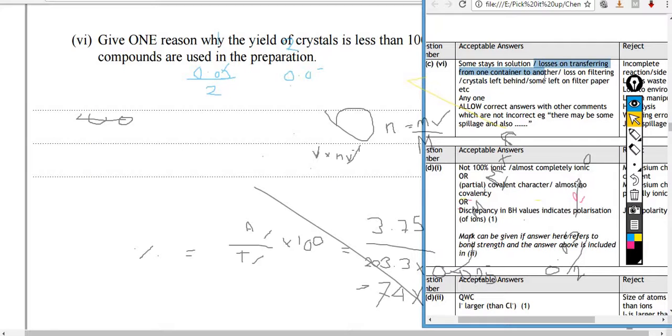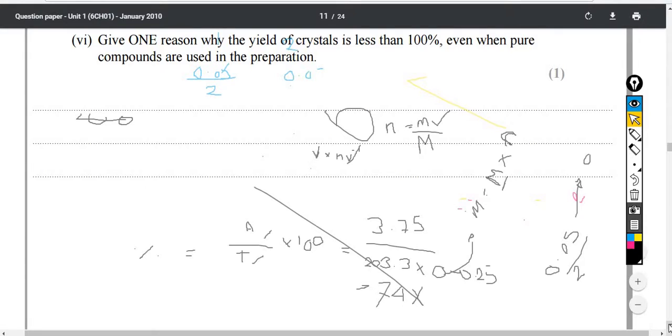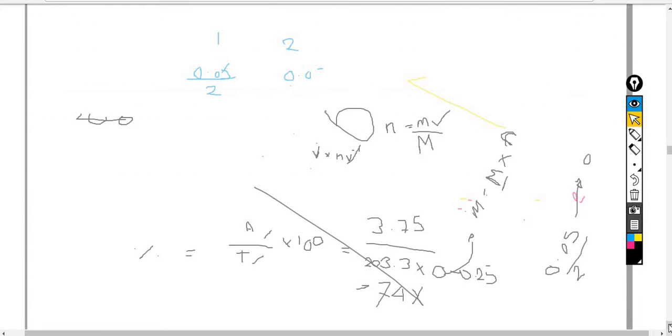You couldn't collect everything when weighing the crystals, and some was left on the filter paper. Again, when you're filtering, the filter paper could absorb a considerable amount of the solution, if you're really concerned about accuracy. Okay, so one of those should be good to go.